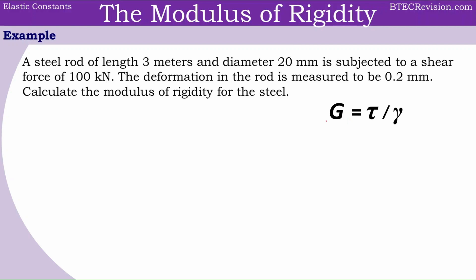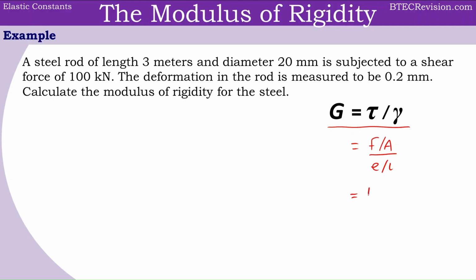We will start by writing down our equation, the modulus of rigidity, which is equal to shear stress divided by shear strain. And we know shear stress is equal to the force divided by the area, and shear strain is extension divided by length. We can plug in our values.